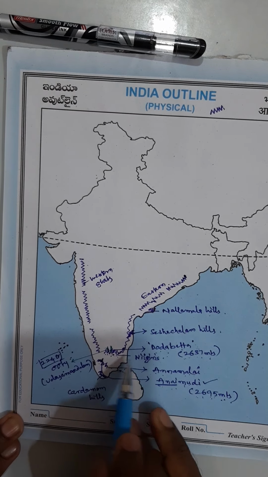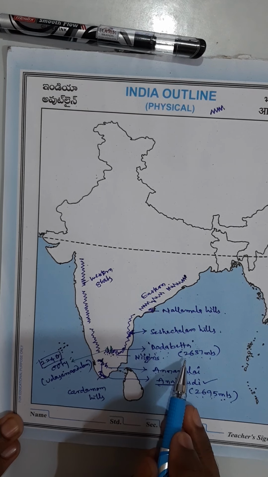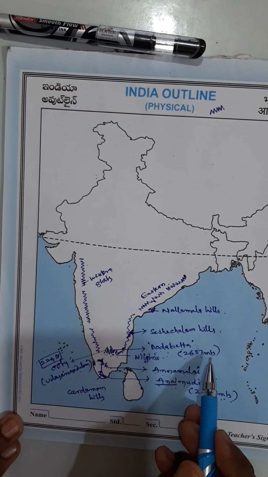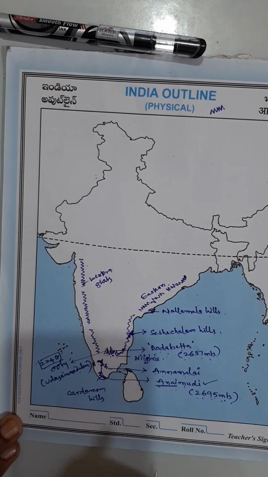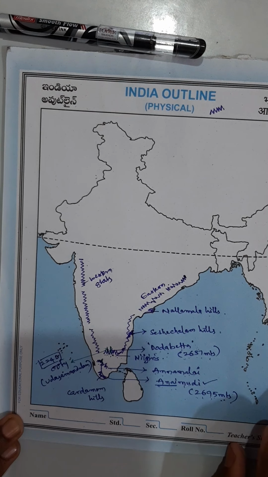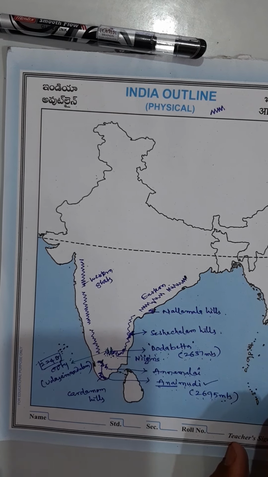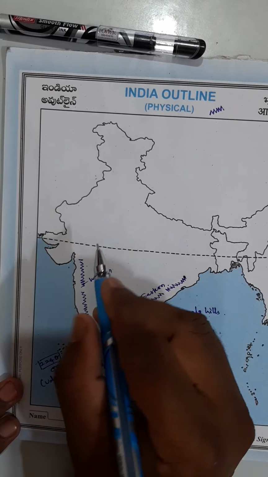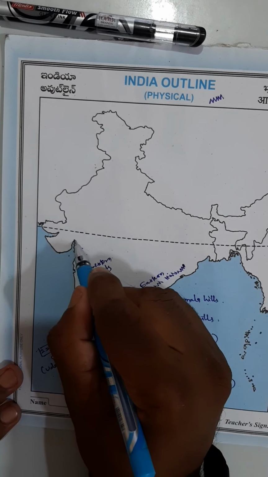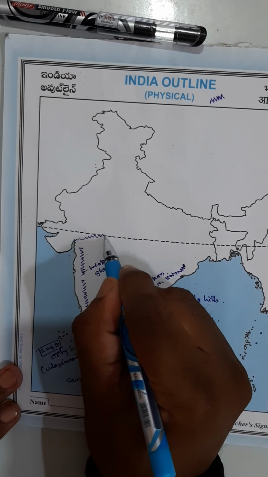In Nilgiris, Dodabetta is the highest peak with 2637 meters, and in Annamalai it is Anaimudi, right? So after this, you go a little bit to the top, the north of this country, and here you find an important mountain range.